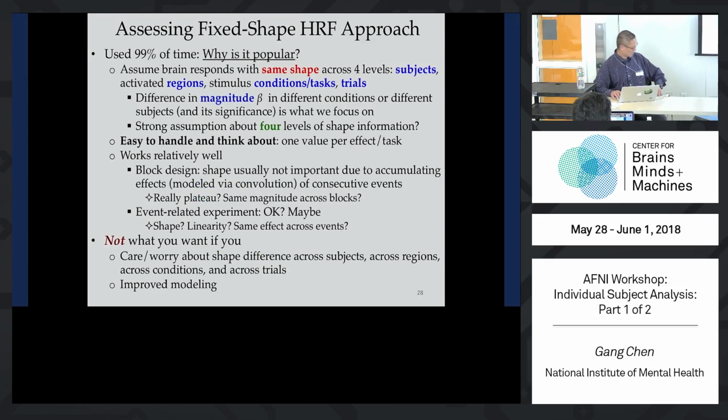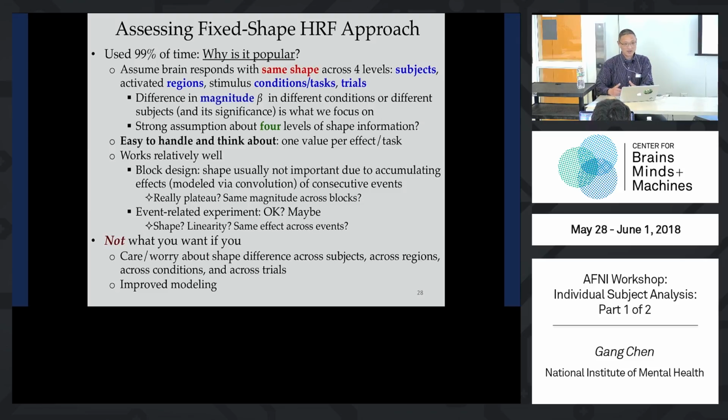So far, I have only talked about one modeling approach, in which we assume the response curve is whatever you call it, a standard curve or canonical curve. That shape is fixed. So the curve goes up slowly, reaches the peak, then recovers even much slower than the upstroke. I said something critical about that approach, because we assume that curve fits reasonably well.